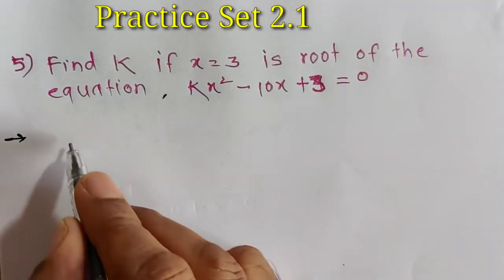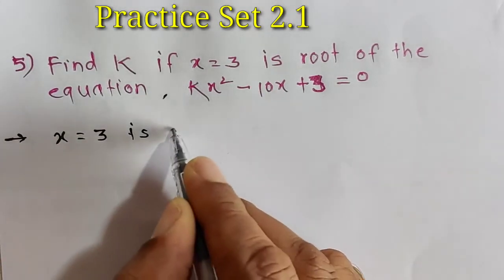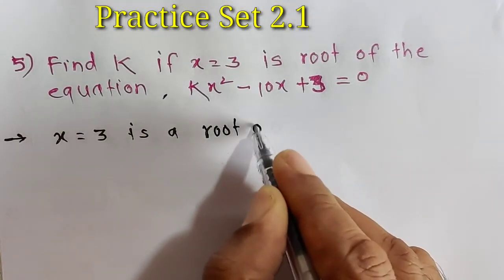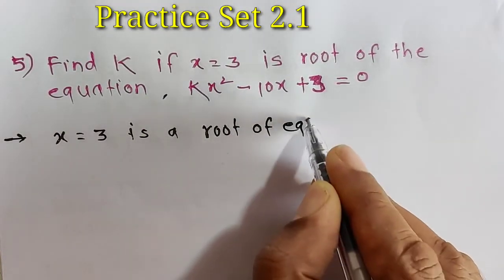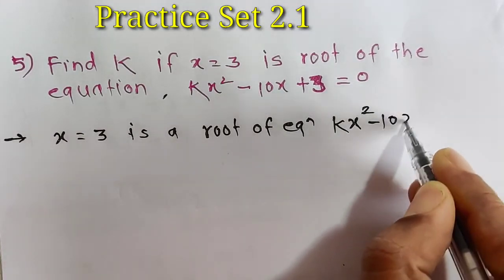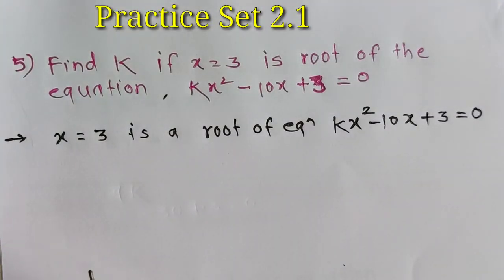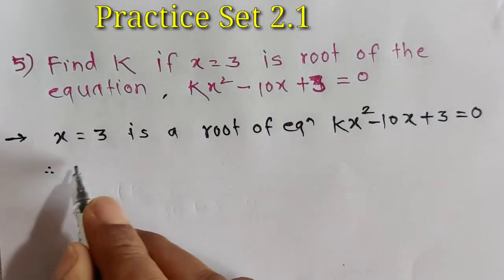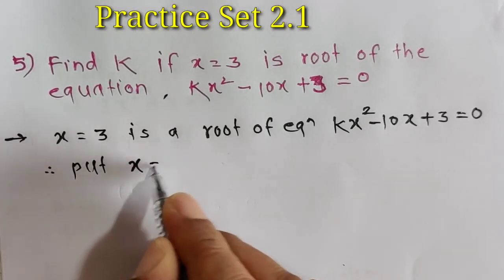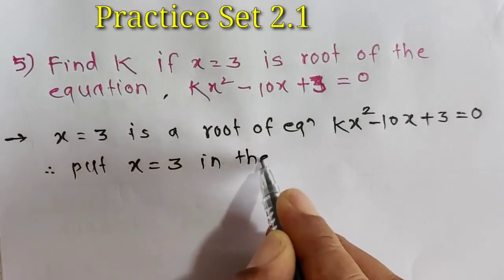So what is given? x is equal to 3 is a root of the equation kx square minus 10x plus 3 is equal to 0. Now therefore put or substitute this value x is equal to 3 in the given equation.